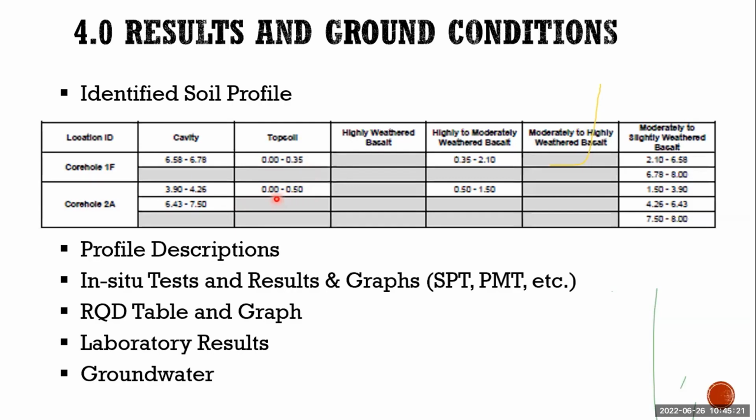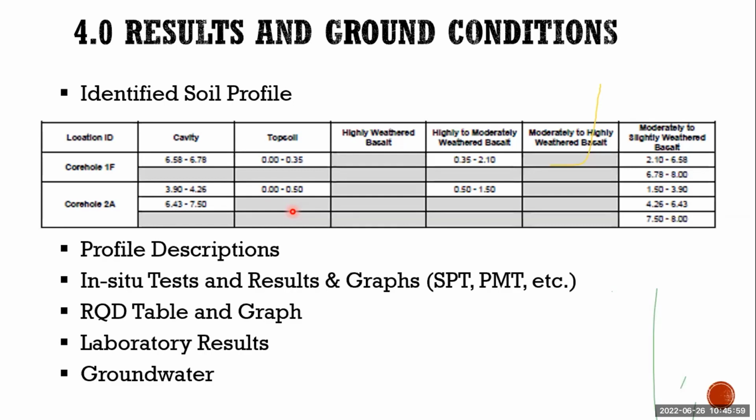In the profile description, I need to define the topsoil: the thickness varies between 0.35 and 0.5 meter maximum, and what the color and texture are, and any presence of gravels, rootlets, organic matter, or any contaminated material. It should be only 4-5 lines, not too much. As Karthik already told you, we describe it in a small paragraph, that's all.